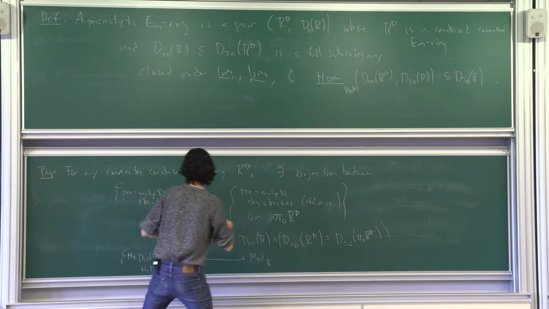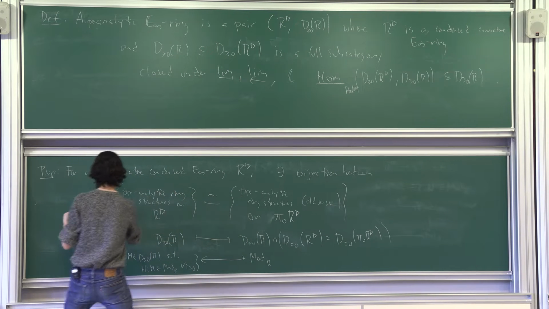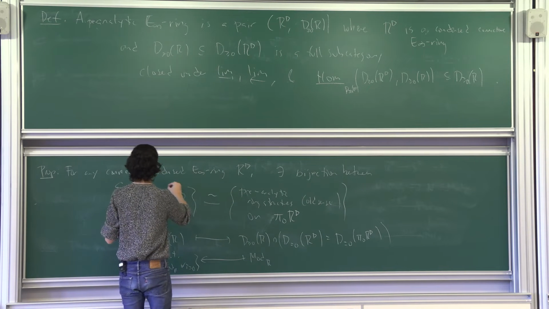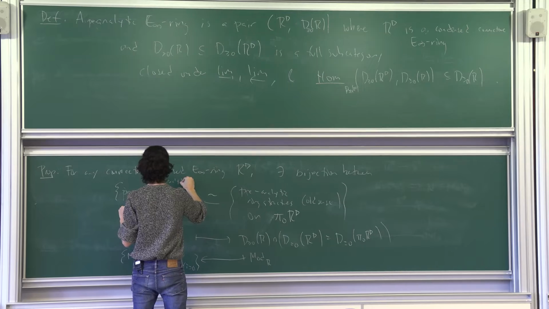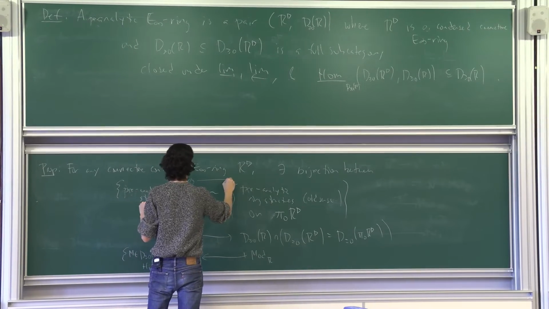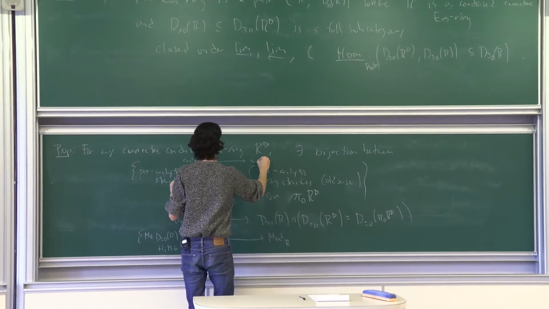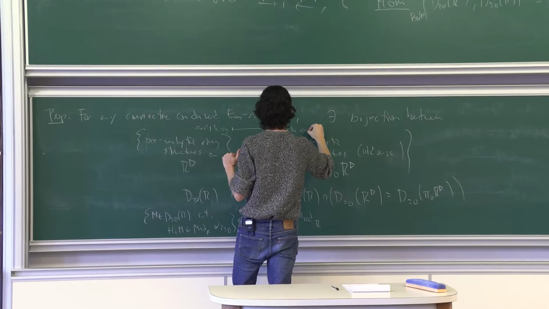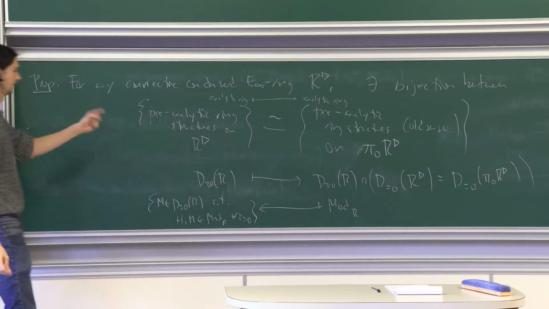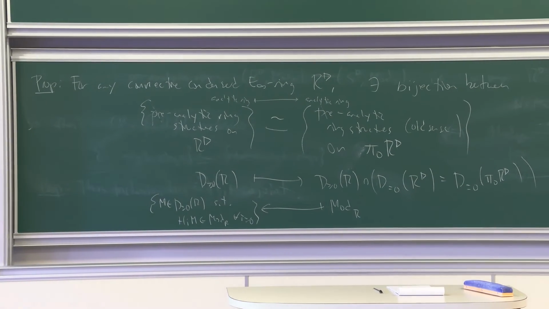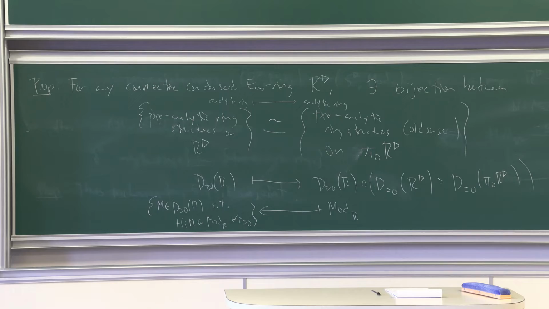So let me rather say, an analytic ring here goes to an analytic ring there. And the converse is true if your ring is concentrated in degree 0, so in the setting of the remark.